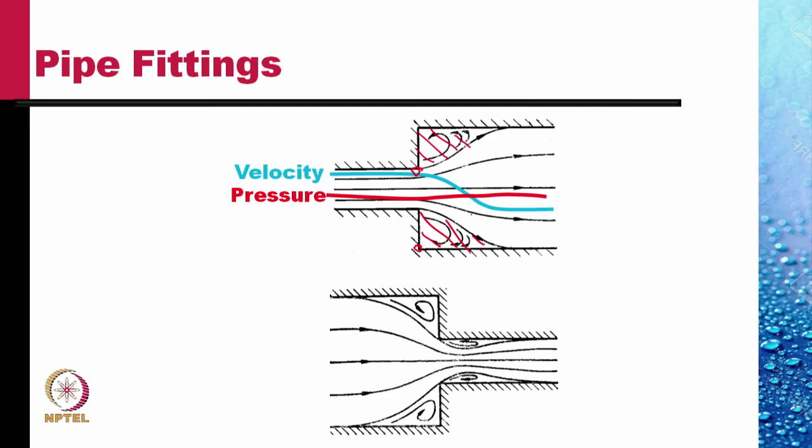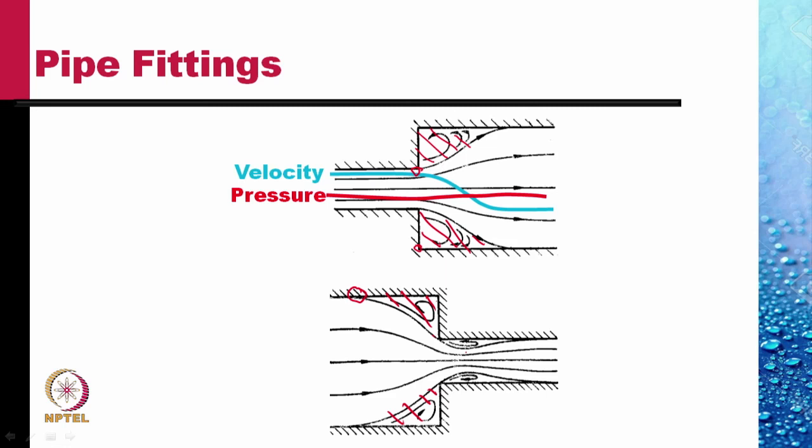Similarly, in a sudden contraction, because the flow is slowing down here, there is a separation. Here, there is an annular vortex here. Then at the sharp corner, there is separation again. The fluid cannot turn sharply, and so we have an annular vortex sitting right there.